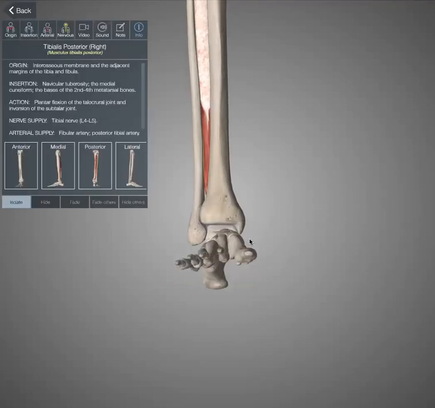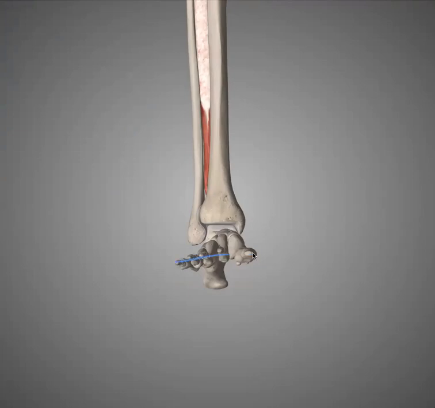Let's say your toes are like that. And let's say the foot comes like that. So the toes will now be facing this way. That's inversion.